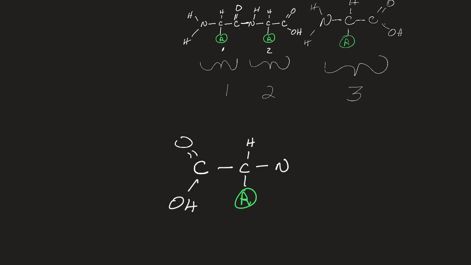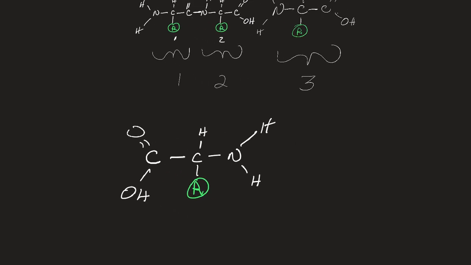My bad. I left out, that is true. So it's NHH. And then over here, what would have to happen is you'd have to have another C double bond OH. Does that make sense? Because if C's on this side, N has to be on this side. They have to be.